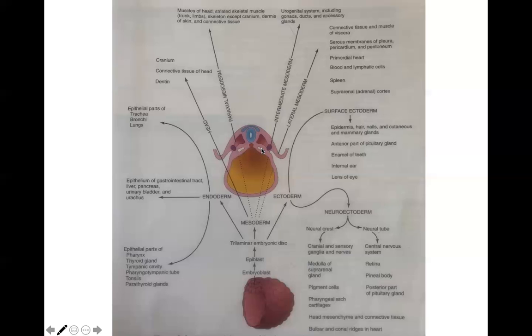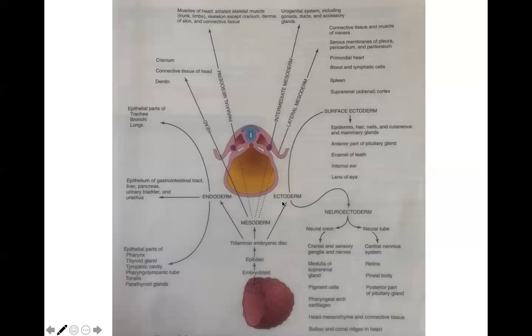It's going to become the urogenital system. It's going to become the connective tissues of the viscera and the organs. The blood and the lymph cells and the spleen. Anyway, it's going to become all of the supporting type of structures.